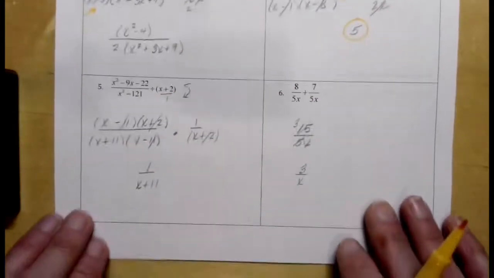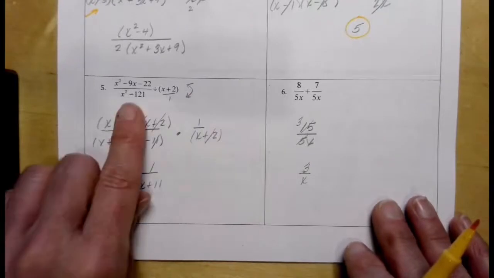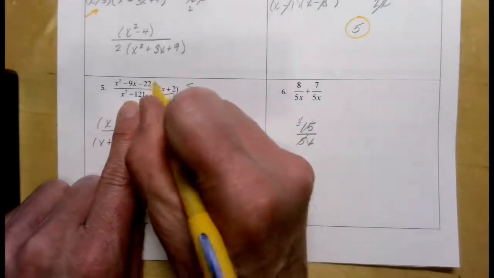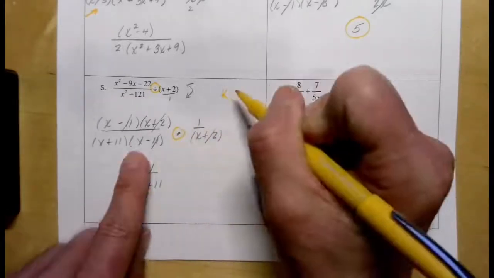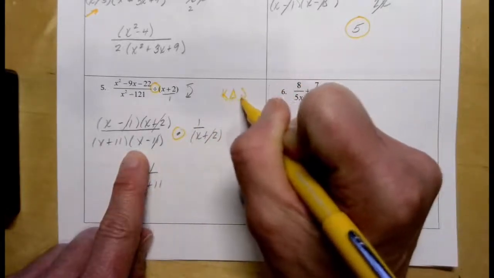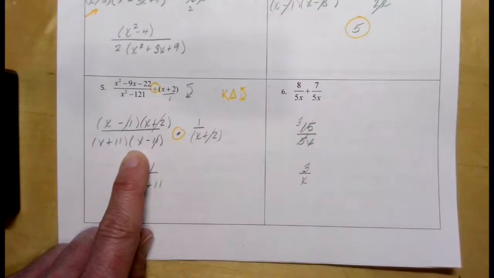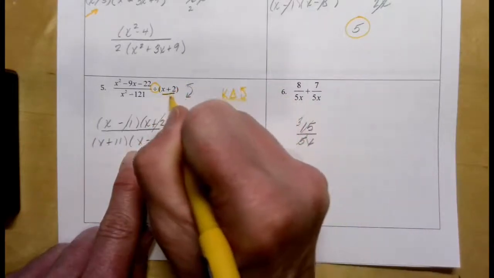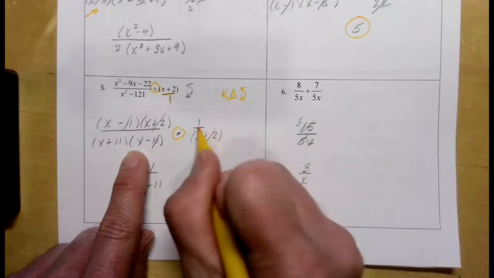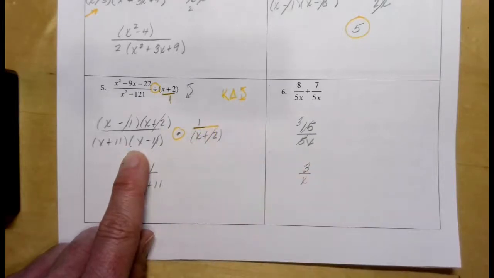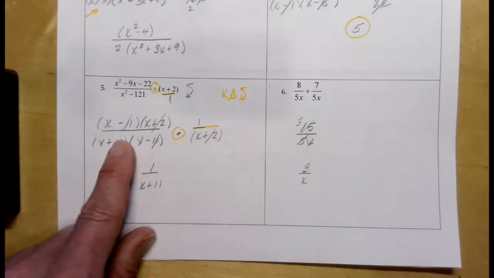All right, let's take a look at 5 and 6. I'm going to go ahead and never divide fractions. Instead, I'm going to keep the first the same, change the sign, and then flip that fraction. I put a 1 under here because that makes it easier for me to remember when I'm flipping to make sure that this x + 2 ends up in the denominator. This is an 11.